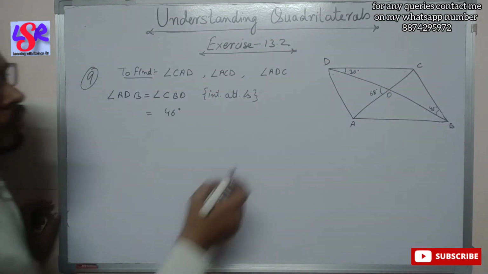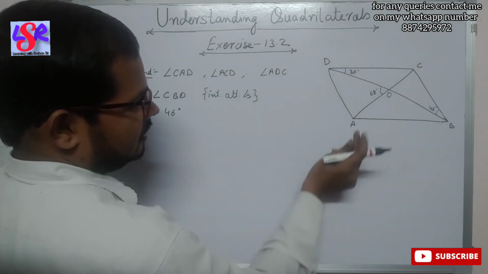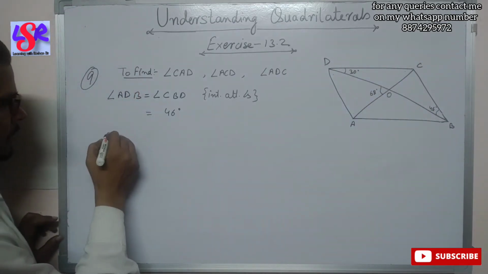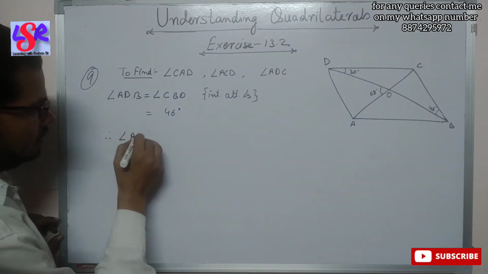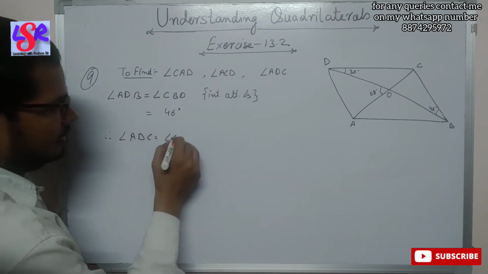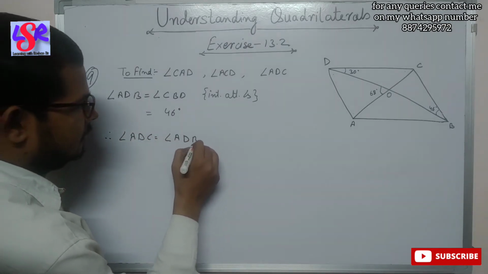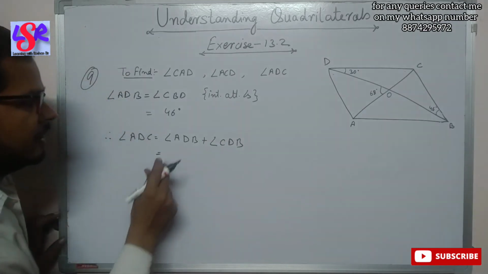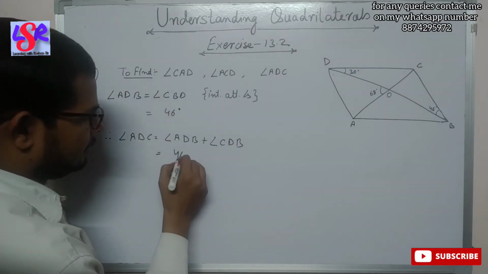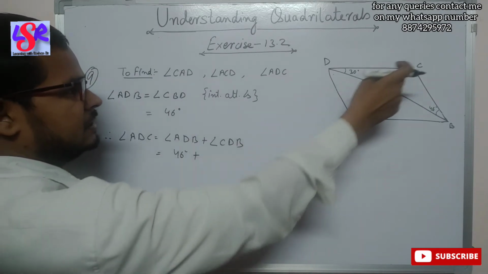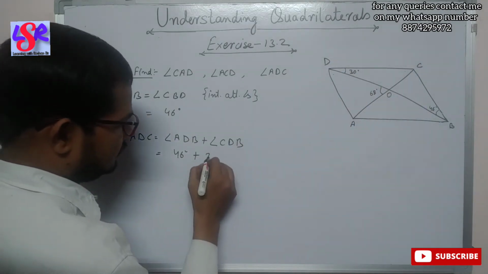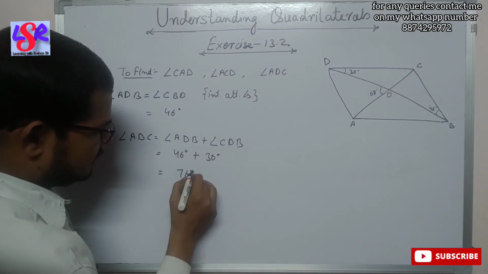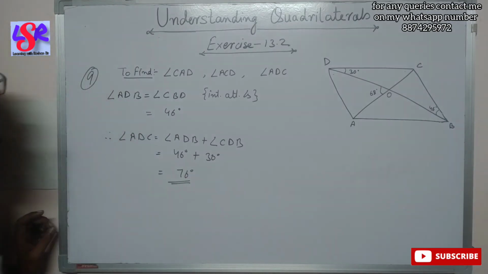Now with the help of this angle and this angle, we can find out the value of angle ADC. Therefore, angle ADC equals angle ADB plus angle CDB. And here we have ADB as 46 and CDB we are having 30. So that is equal to 76 degree as the value of angle ADC.